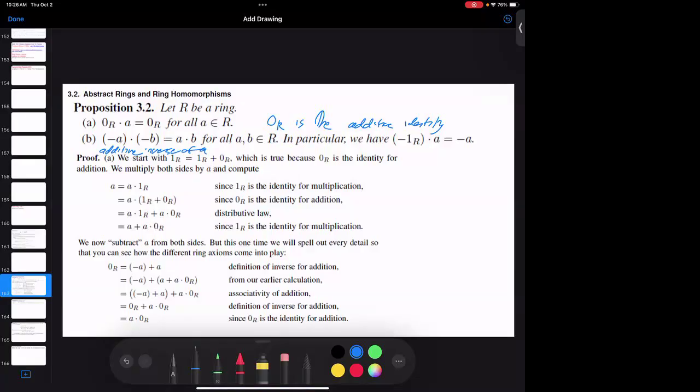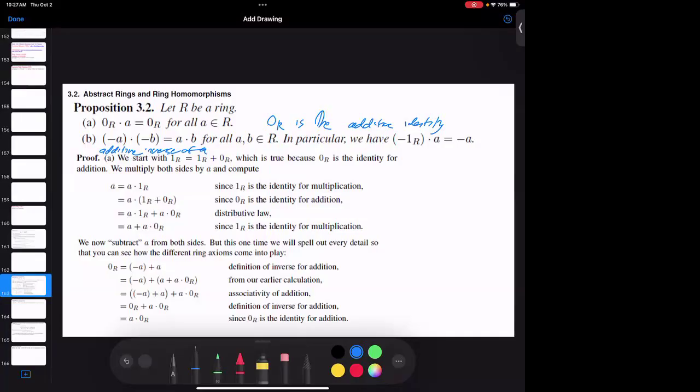So the additive inverse of A times the additive inverse of B is equal to A times B. In particular, we have negative 1 R times A equals negative A. And the way you should read that is, if we take the identity element under multiplication and look at its additive inverse, then if we multiply anything by that, we get the additive inverse of that. So if you multiply A by negative 1R, you get the additive inverse of A.